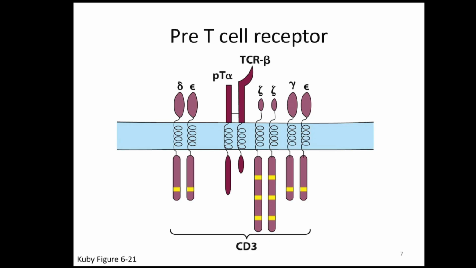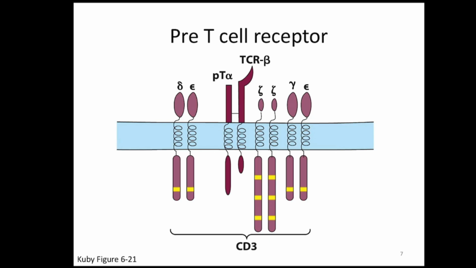But you can see that we've got this surrogate light chain, PT alpha, that's going to pair with the beta chain, be on the surface of the DN3, and allow for testing of the heavy chain with some kind of signal. We know that this cell doesn't have CD4 or CD8 because it's a DN.